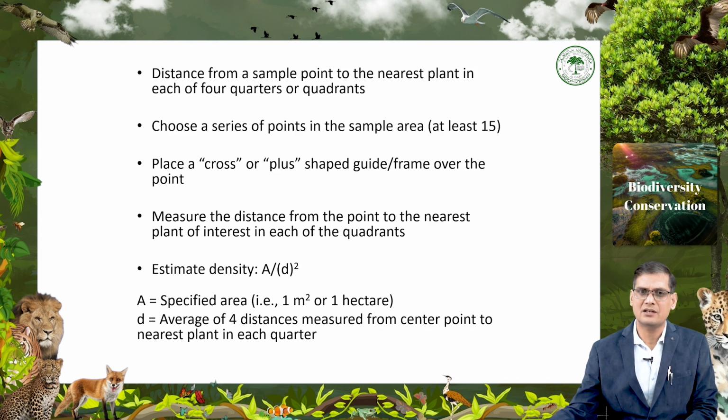These distances are used to determine the density of plants by using the following equation. Density is equal to A upon D squared, where A is the specified area, for example in meter square or 1 hectare. D is the average of the 4 distances measured from the center point to the nearest plant in each quarter.